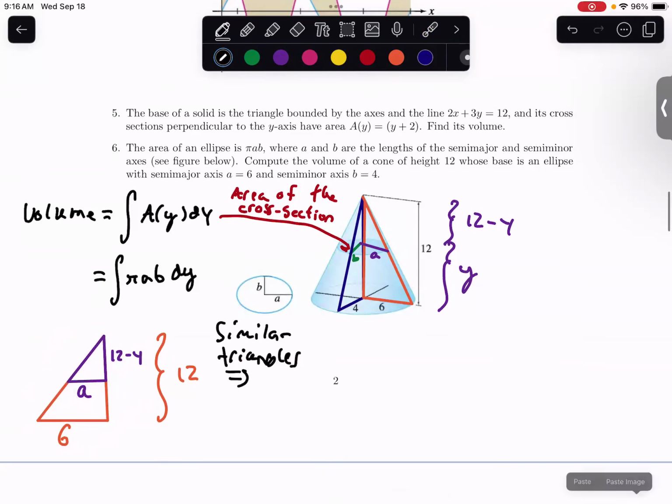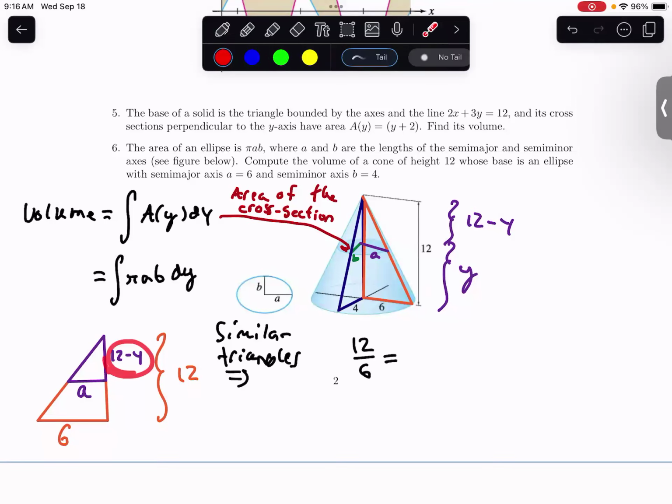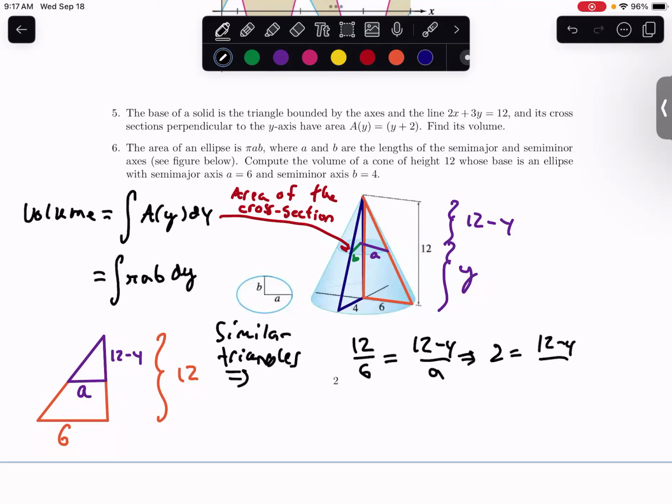And then using the similar triangles, we can set the ratio of 12 over 6, so the height over the base, equal to the height over the base of this smaller triangle. So we have 12 minus y over A. And so this is really saying that 2 is equal to 12 minus y over A. And again, our goal is to write A in terms of y, right?